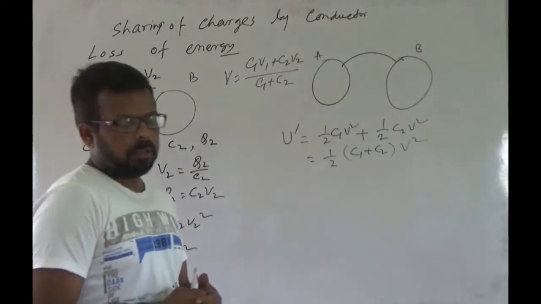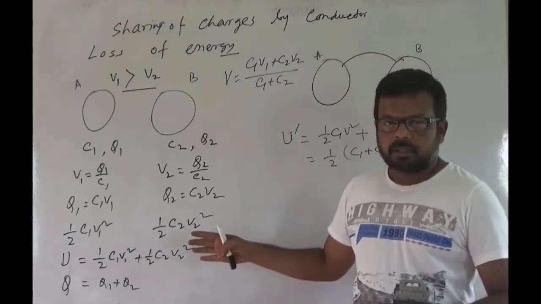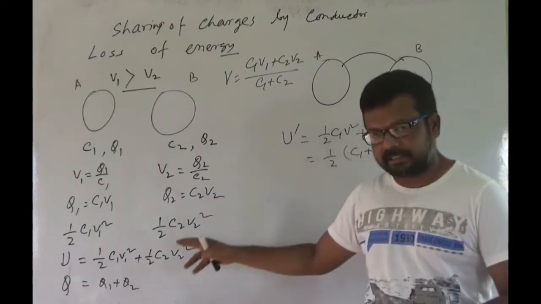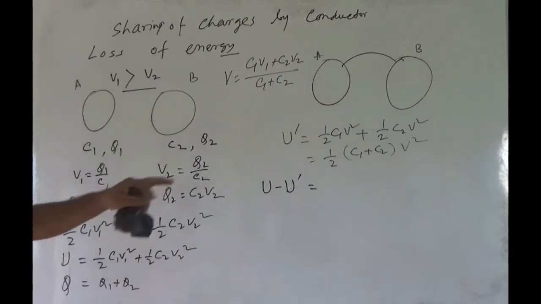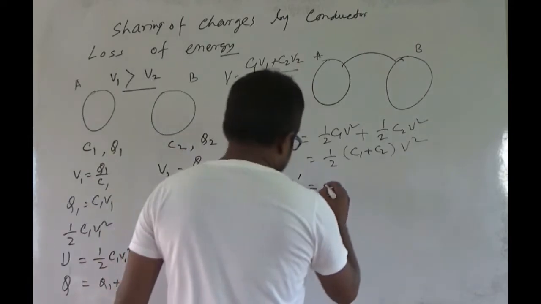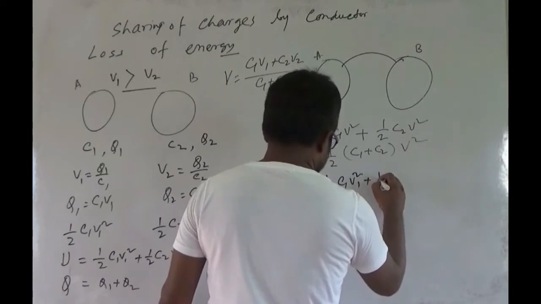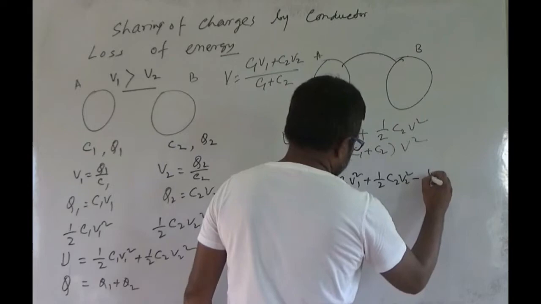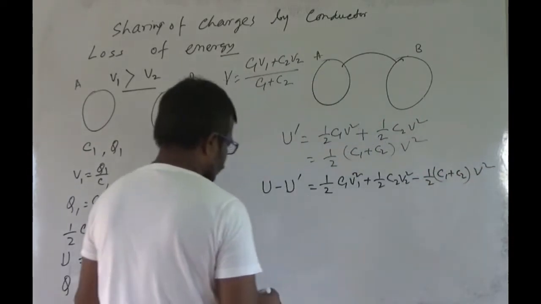Now let us verify whether these two are the same, or this is greater than this, or this is greater than this. Let us verify that. We are going to find U minus U dash. This is U and that is U dash. U equals half C1 V1 square plus half C2 V2 square, and U dash equals half (C1 plus C2) into V square.